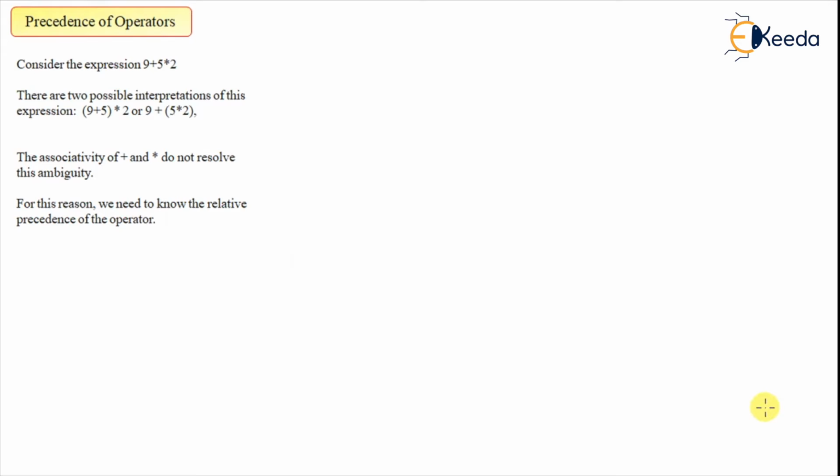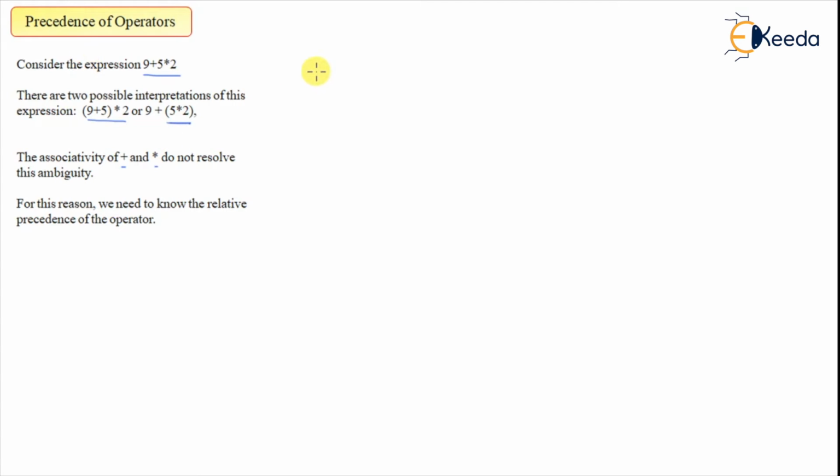Welcome again, and the next topic for the discussion is the precedence of the operator. The motivation for learning this subject is the expression 9 plus 5 multiplied by 2. Two possible parenthesizations exist: 9 plus 5 within the bracket multiplied by 2, or 5 multiplied by 2 within the bracket. The associativity of plus and multiplication does not resolve this ambiguity.